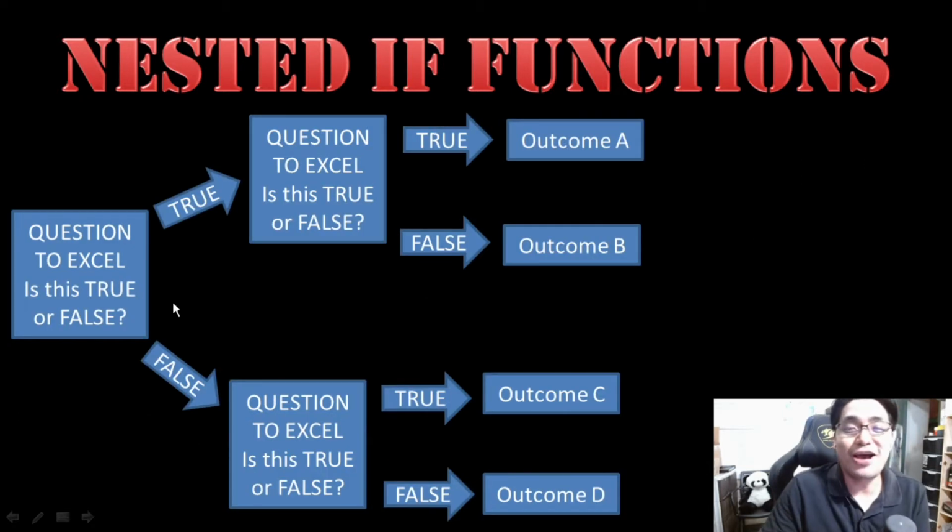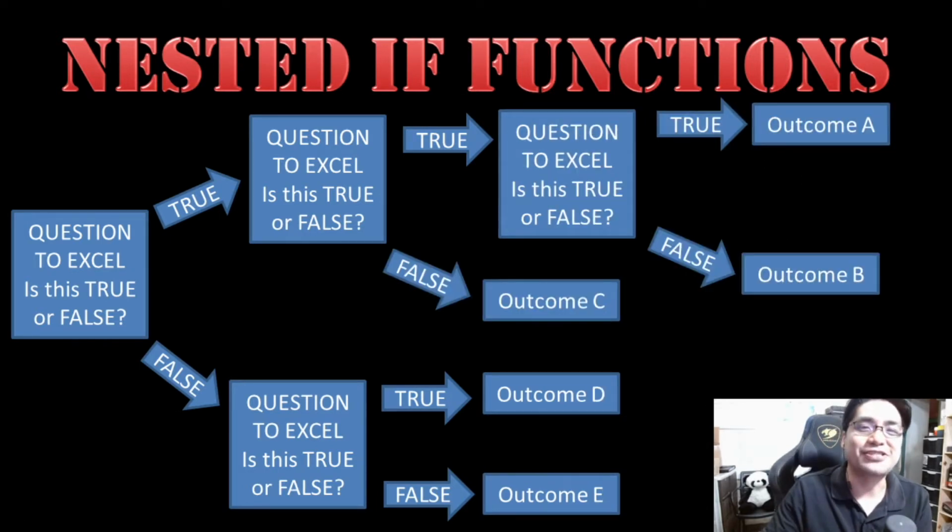Now in this case, you now have more than 3 outcomes, and the logic now looks like what you see on the screen. You have Microsoft Excel having to answer the first question. If it evaluates to true, Microsoft Excel will have to answer another question. If the first question evaluates to false, then Microsoft Excel will then evaluate another question. Both the second and the third questions here branch out to both true and false. Thus, you get 4 outcomes total.